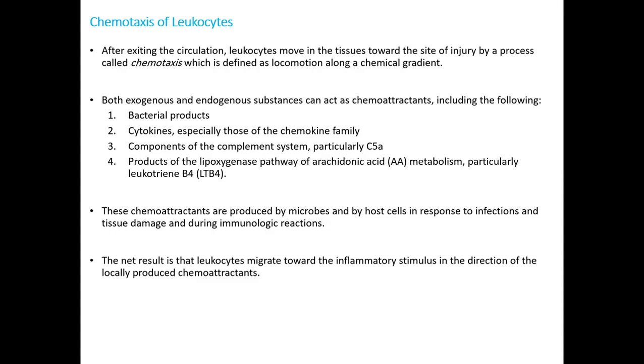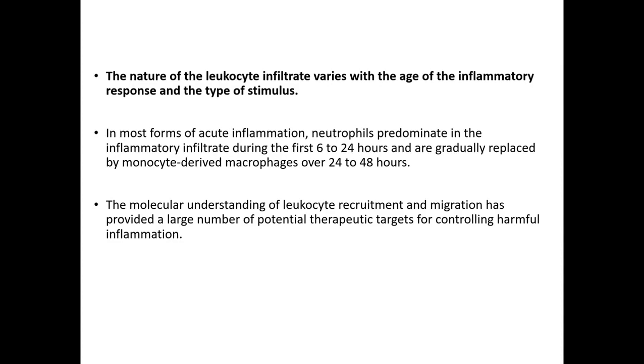These chemoattractants are produced by microbes and by host cells in response to infection and tissue damage and during immunological reactions. The net result is that leukocytes migrate toward the inflammatory stimulus in the direction of the locally produced chemoattractant.